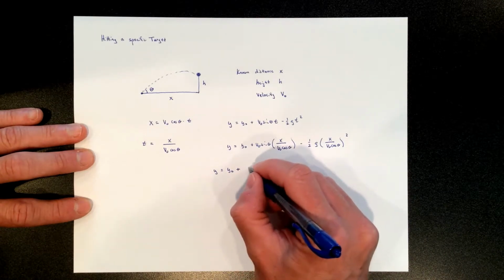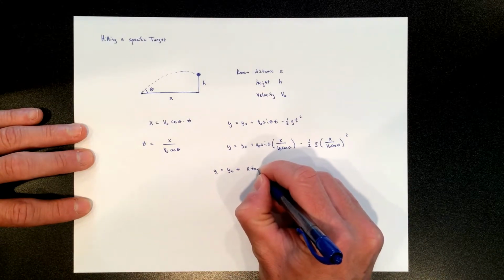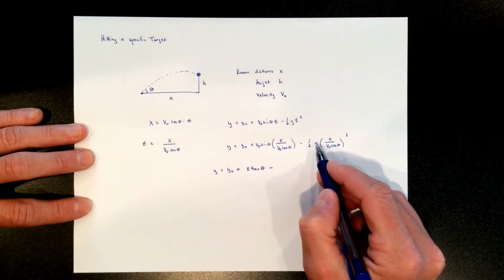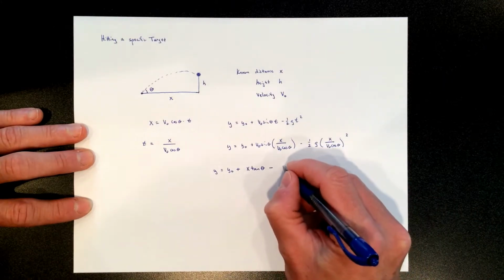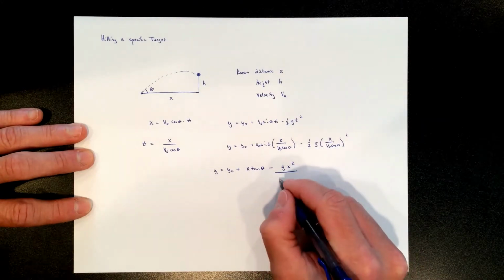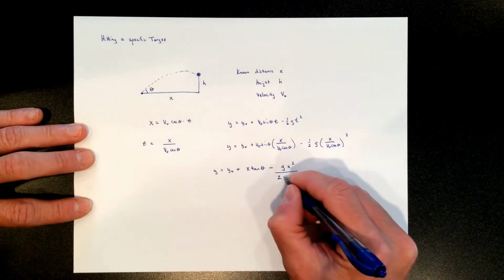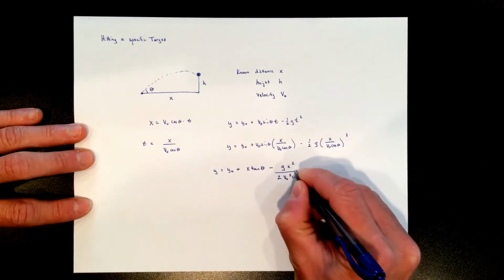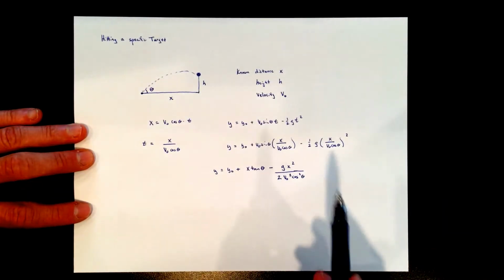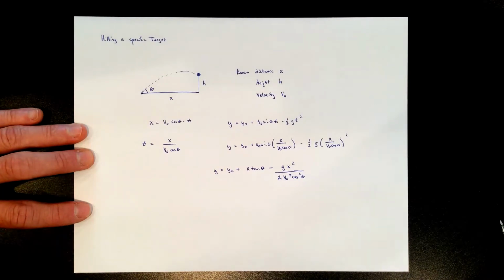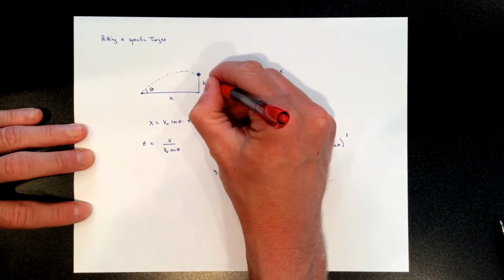So it's y naught plus x tangent theta minus, this is going to be g x squared in the numerator over 2, and then both of these get squared: v naught squared cosine theta squared.